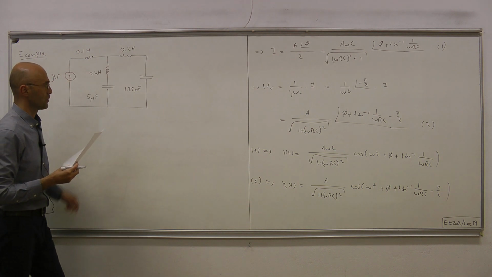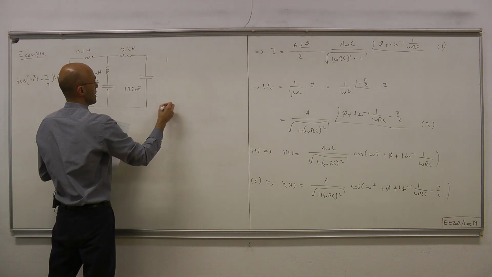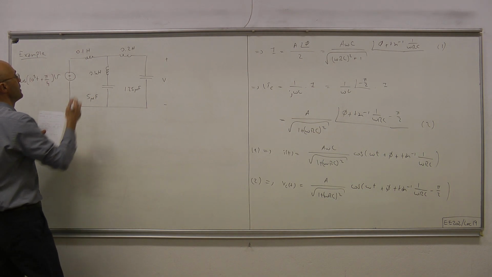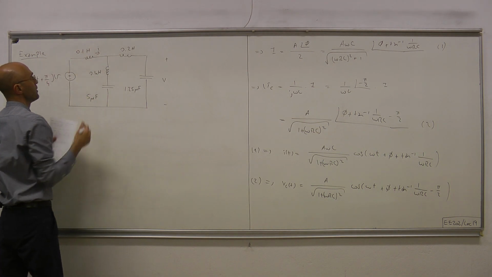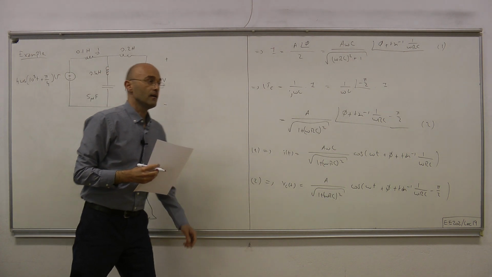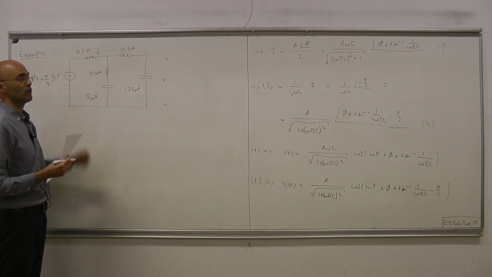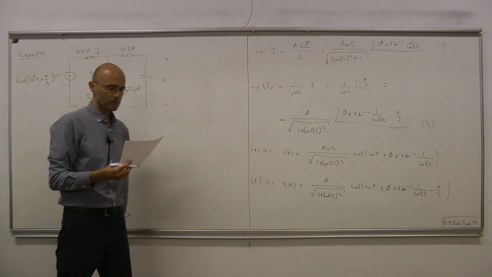Now in this circuit we're interested in figuring out this capacitor voltage V and the current passing through this 0.1 Henry inductor, or the current extracted from the source.